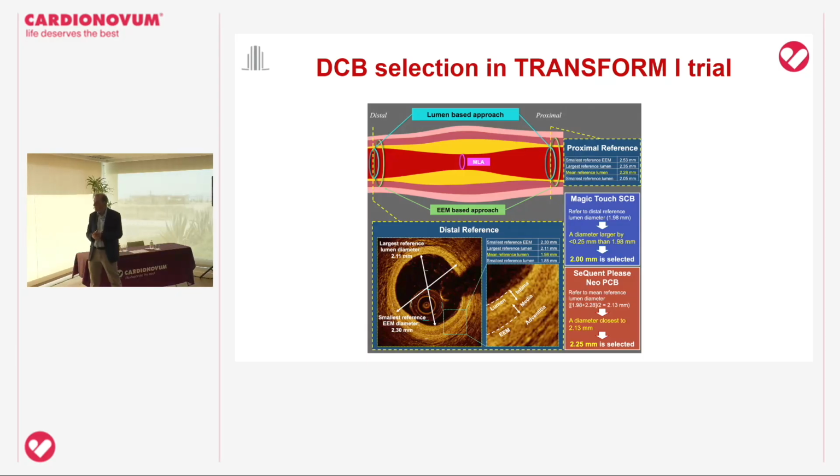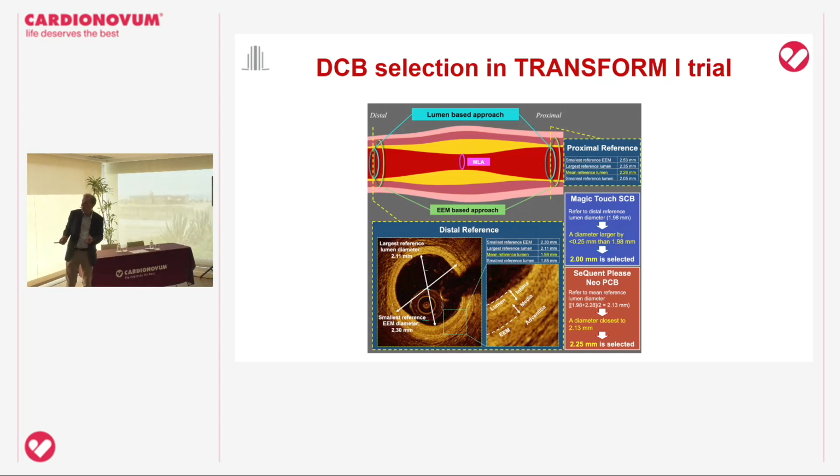So the idea was that the diameter had to be selected based on the diameter at the distal reference. This may help avoid dissection, but then they end up with smaller balloons than with Sequent Please.